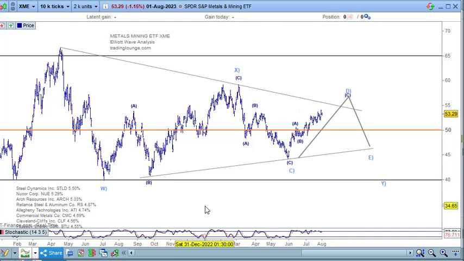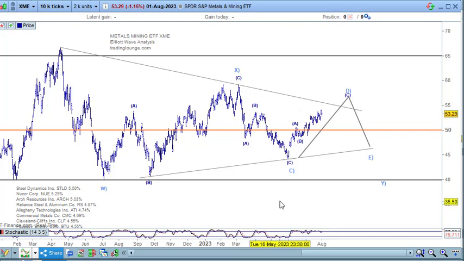It's more viable that we're still traveling sideways through all this. It can be viewed as a W, X, and Y over here, with basically an ABC coming down to here, or we can look at it as a triangle pattern, as an A, B, C, D, and an E over here, and then push up from that point.